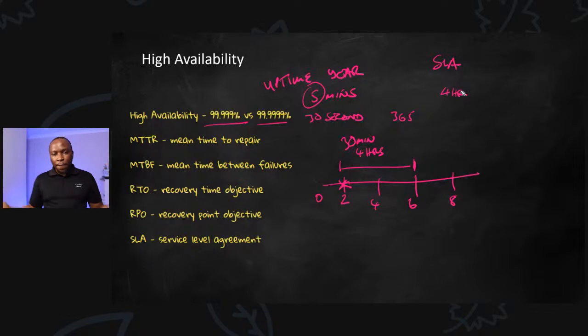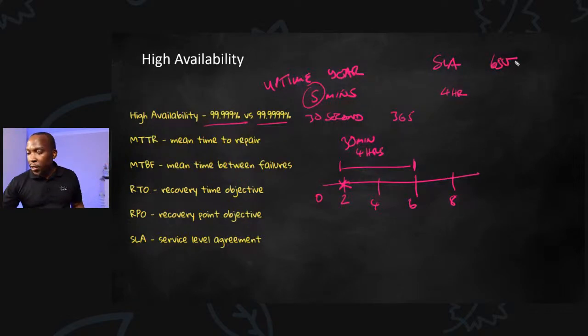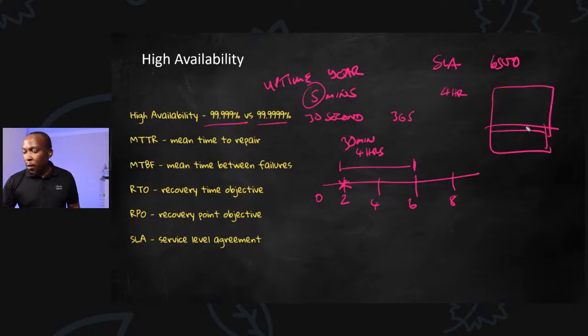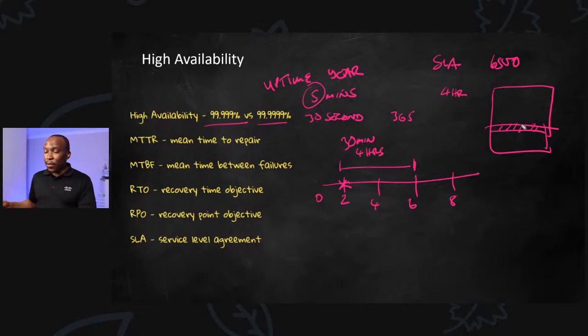So if you have a 6500 switch, which is one of the very big production switches, and you lost one of the modules on that particular switch, depending on the SLA that you have with Cisco, in 4 hours they would have sent a technician on site to deliver the failed component. So mean time to repair is just focusing on the time it takes between the failure and replacing the component.